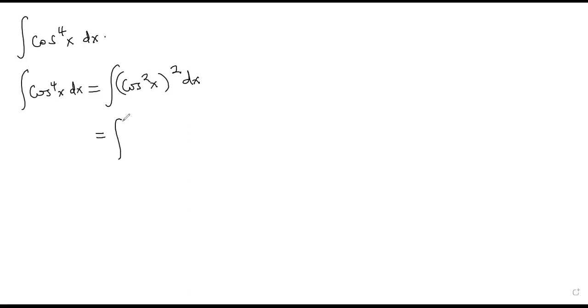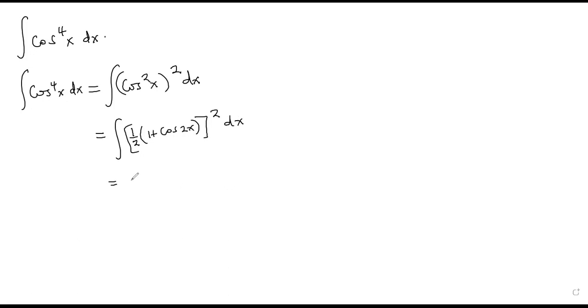So it is going to be the integral of a half, the whole of this, a half, then 1 plus cos 2x, everything squared, then dx, meaning that this square affects this half also.